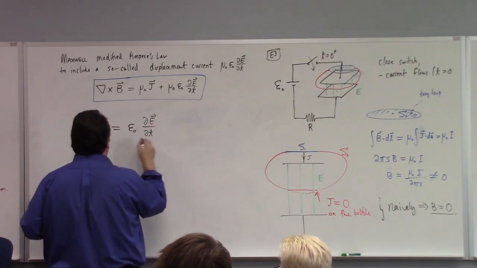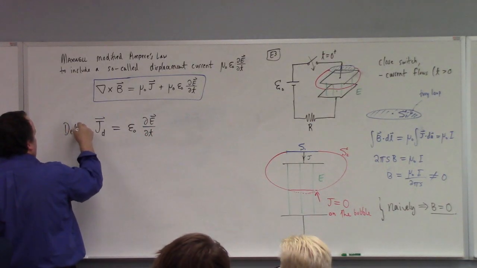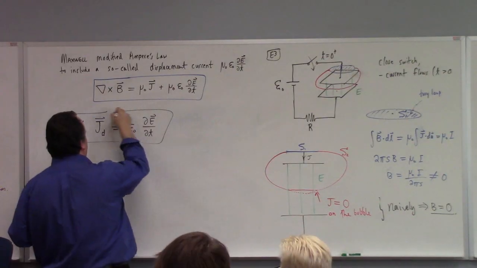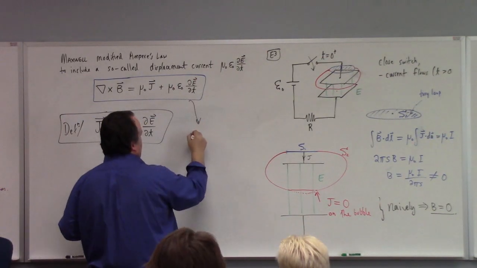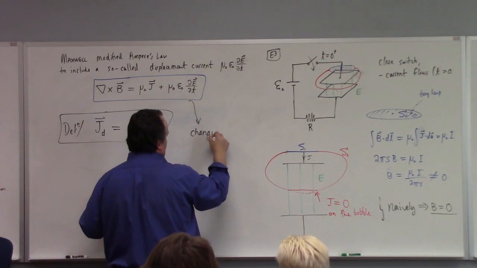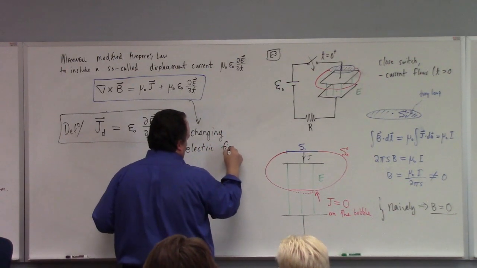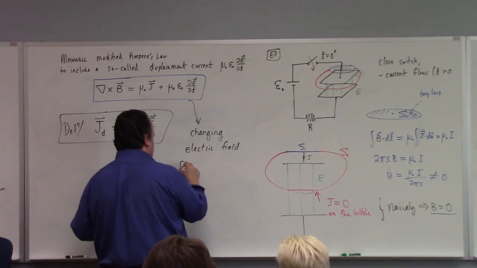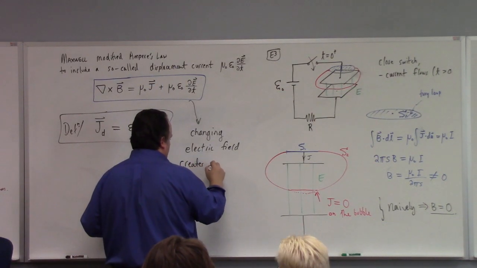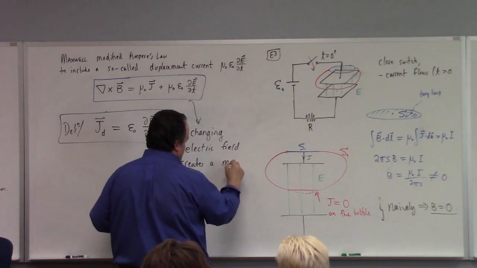Changing electric field, right? So this is the content of Maxwell's correction. What this says is that a changing electric field creates a magnetic field.